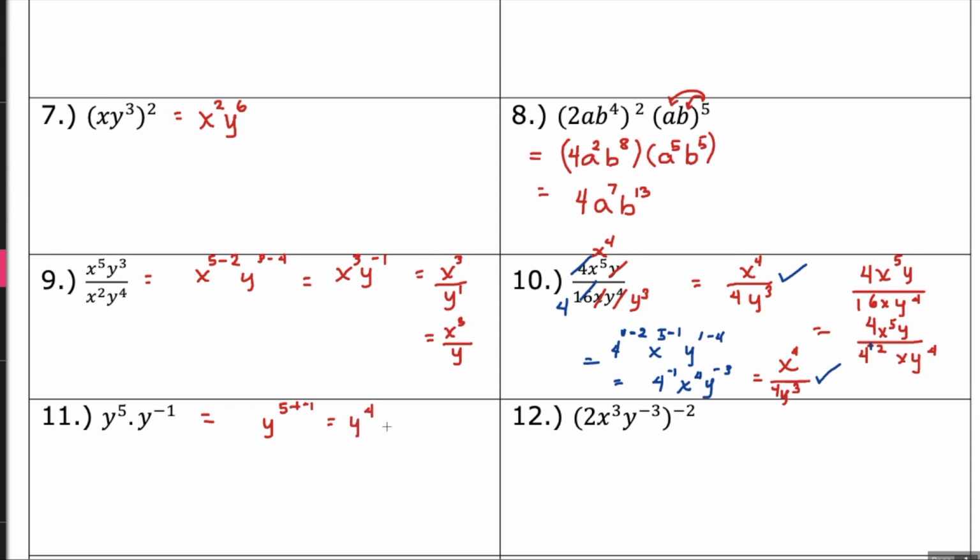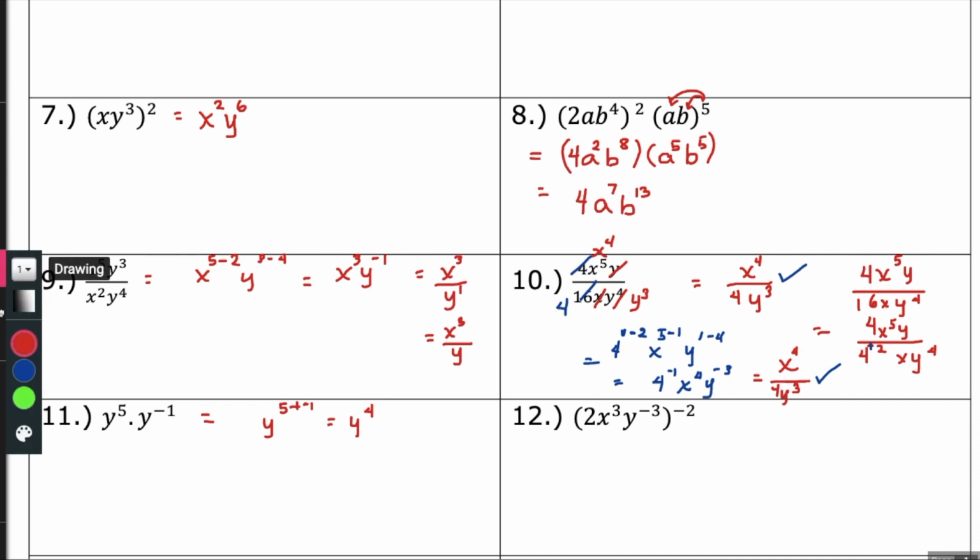Okay, for number 12, this particular item is the same as number 7 and 8. But the only difference is that because it's a negative exponent, you will have to reciprocate its position.